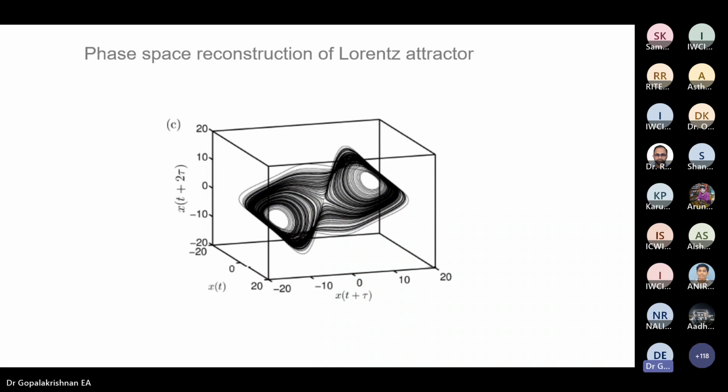But instead of access to x, y, z, if you have access only to one of those variables, either x, y, or z, can you recreate the phase space? The answer is yes. Using this particular computational technique, you can recreate the phase space, and the recreated phase space is topologically equivalent to the original phase space.